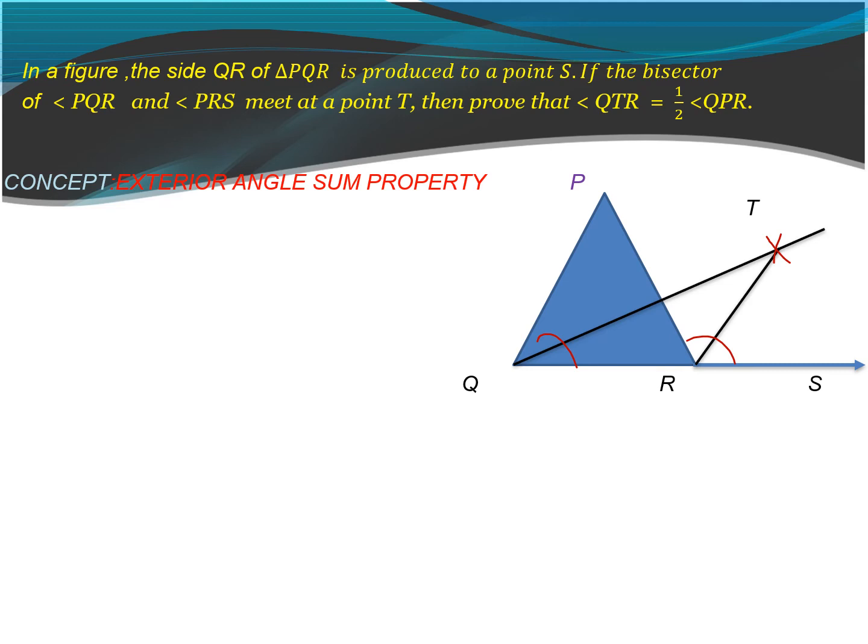So identify where QTR is. That means we have to show that this angle QTR is exactly half of angle QPR.